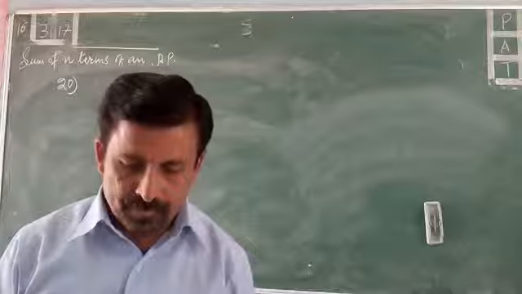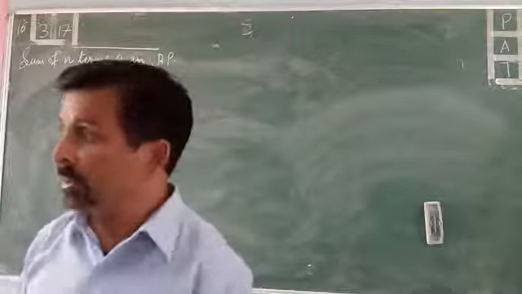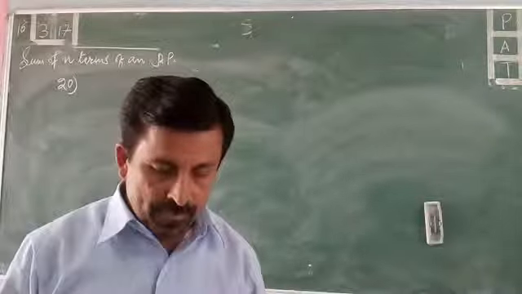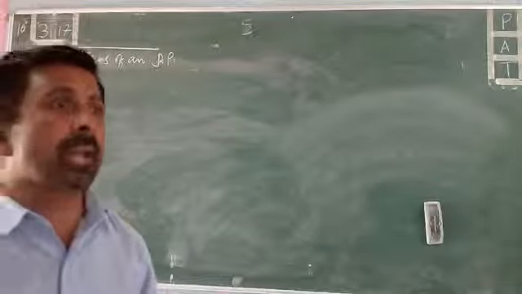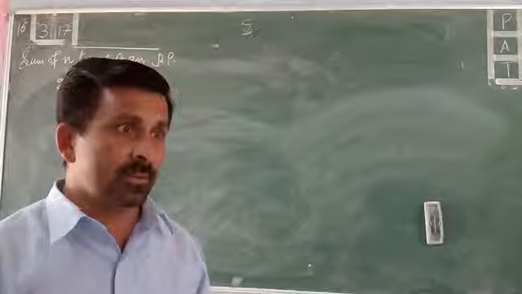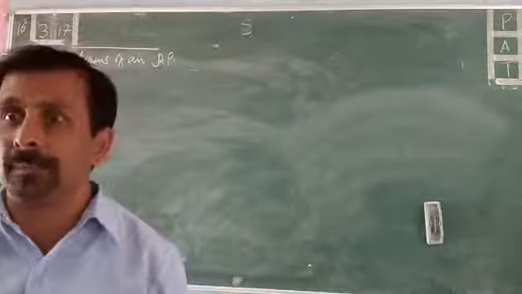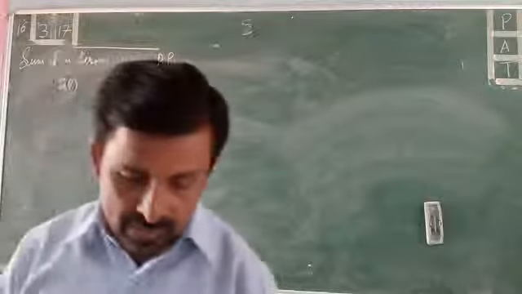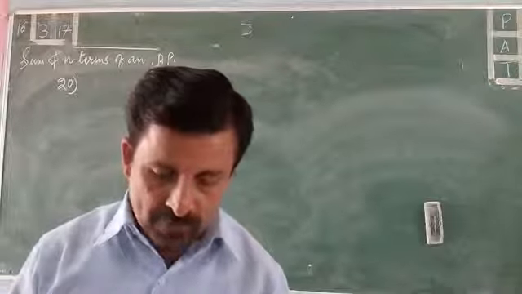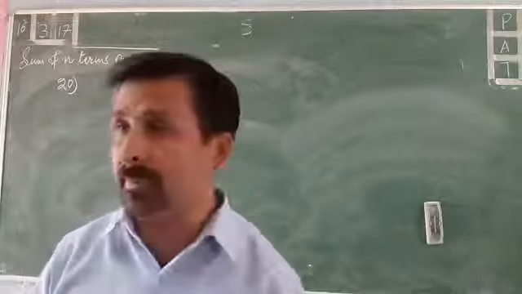Question number 20 is a very simple question. You can see the application of this arithmetic progression in our real life, where we can use it, right? We are not just doing it for exam purposes, but we can also use it in our real life. The question is here: a sum of 6,240 is paid off in 30 installments.